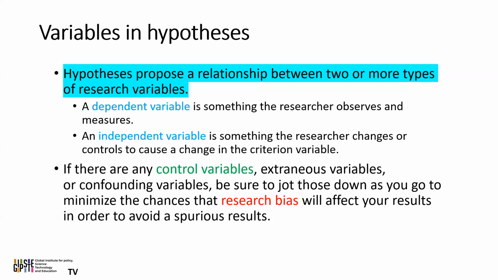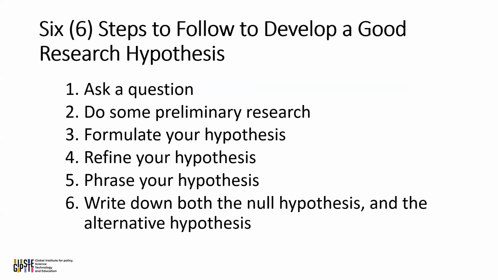Another word for the criterion variable is the dependent variable. Another word for the independent variable is the explanatory variable or regressors. If there are any control variables, extraneous variables, or confounding variables, be sure to jot those down as you go to minimize the chances that research bias will affect your results. You do that in order to avoid spurious results. You want to always avoid spurious results.